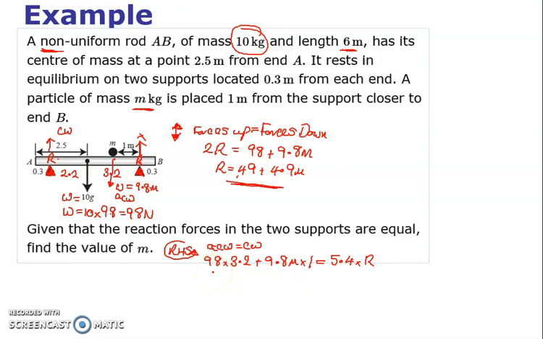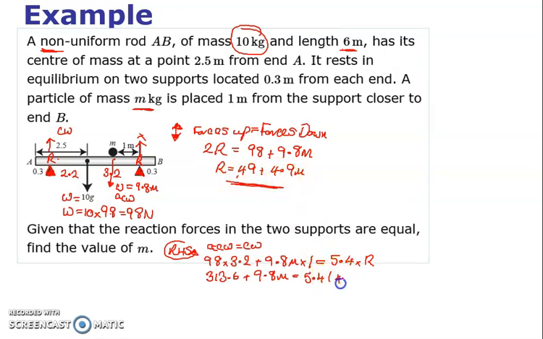So I'm just going to tie that up. I need to do 98 times the 3.2. That would be a bad mistake. It's 313.6 plus 9.8M. And this right hand side, I'm going to write as 5.4, and it's times by R, so it's all this lot.